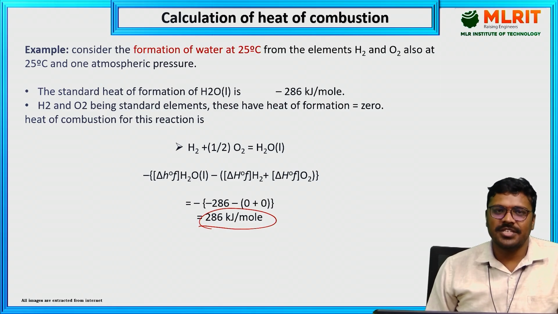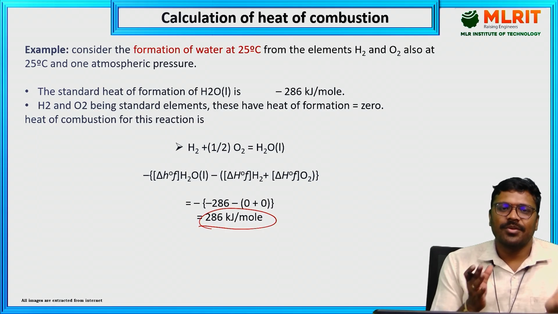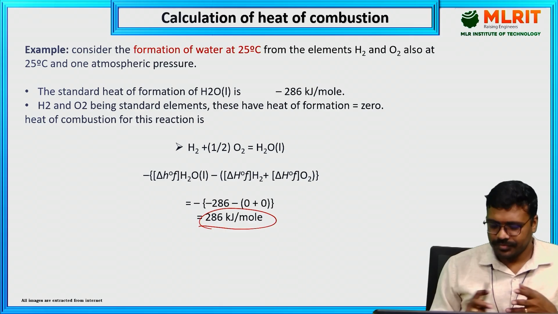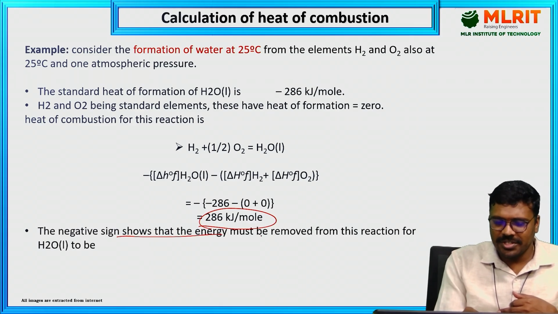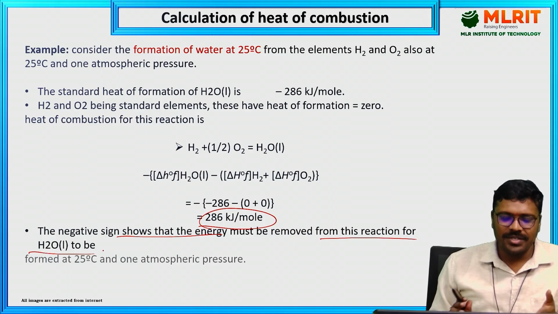So how much energy is going to be generated? 286 kilojoules per mole of energy is generated when you react hydrogen with oxygen. The negative sign shows that energy must be removed from this reaction in order to make H2O be at a standard state.